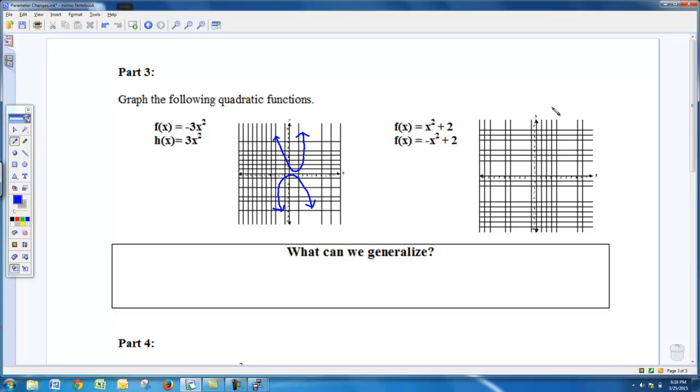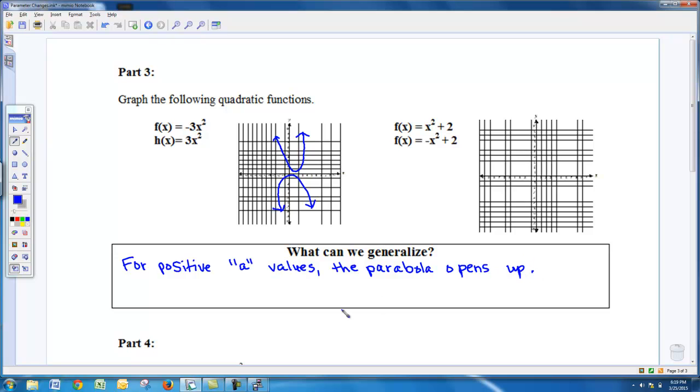Okay, so what can we generalize here? We can say for positive A values, the parabola opens up, like the one on the top of the graph.